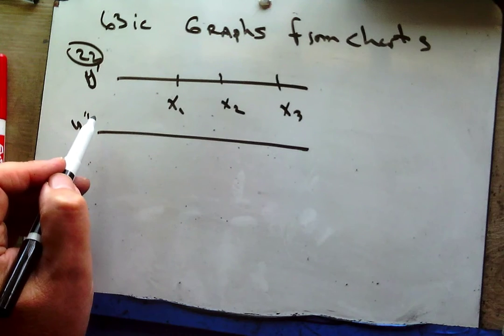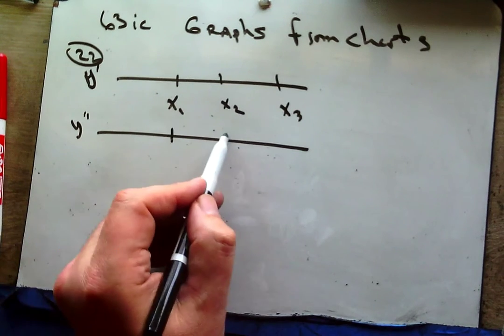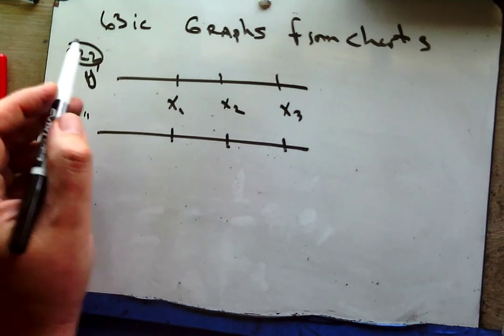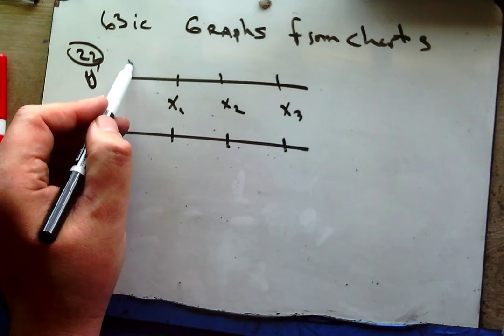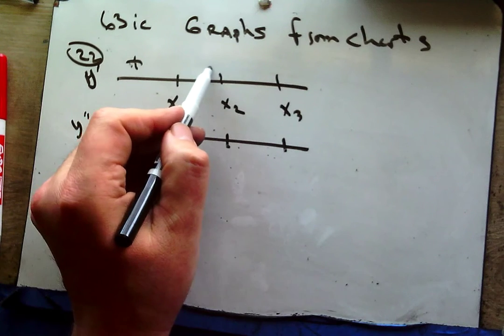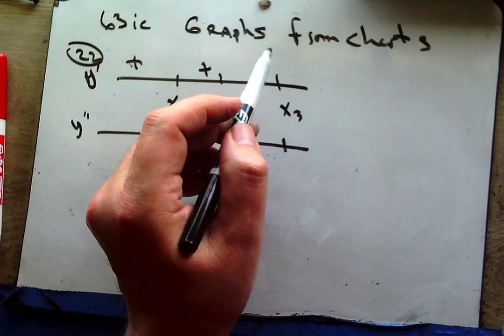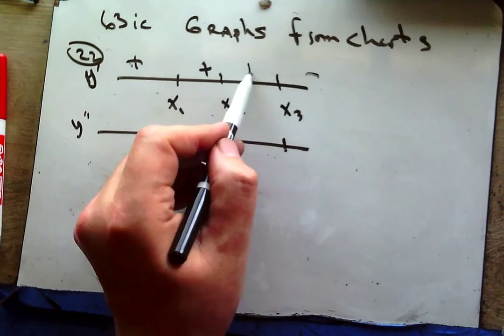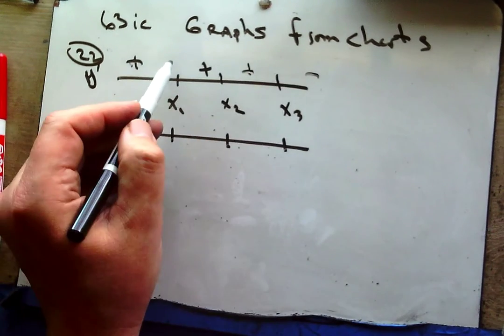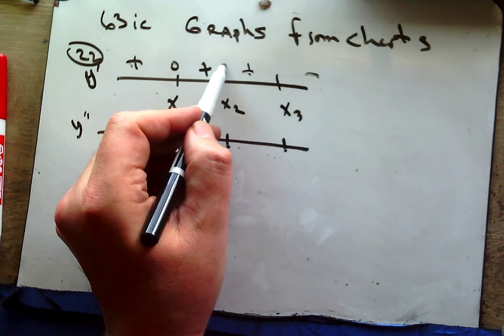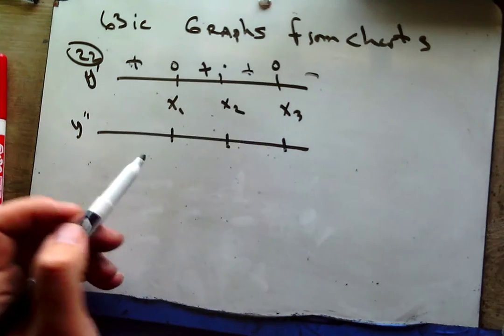So what do I see? I see the same points. Yes? Yes. This is y prime is greater than 0, so I'm going to put a plus. I'm going to put plus, and I'm going to put a minus over here. I know that y prime equals 0 here, and nothing here, but y prime equals 0 here.